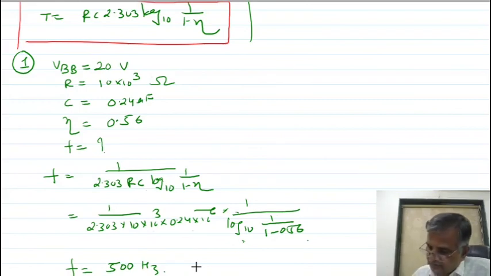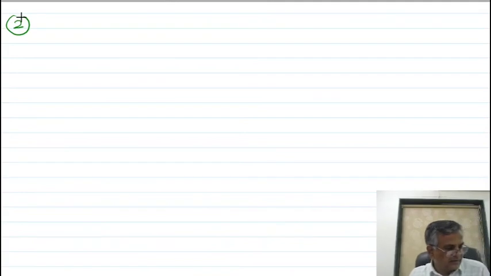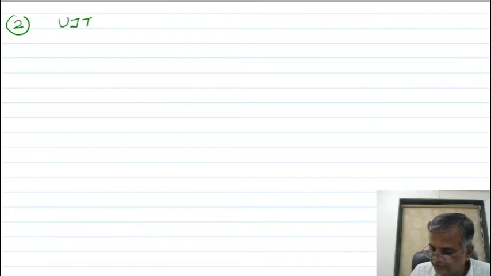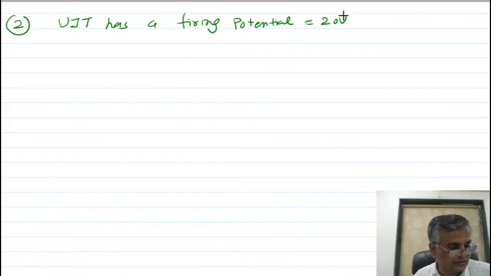Second numerical I want to discuss. Say the UJT firing potential is 20.